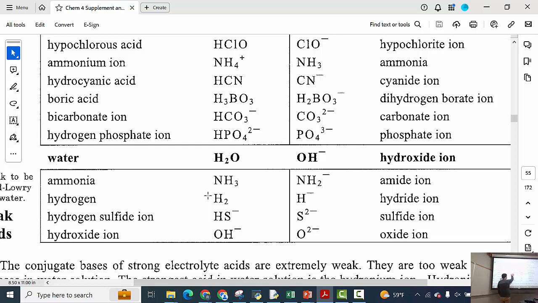It'd be considered quite a weak acid here. But these are even weaker than water. This one we don't normally consider acidic. This is ammonia. Hydrogen gas, we don't consider that acidic either. Bisulfide, hydroxide. Those really aren't. Imagine what water is in terms of acidity and how it works here.